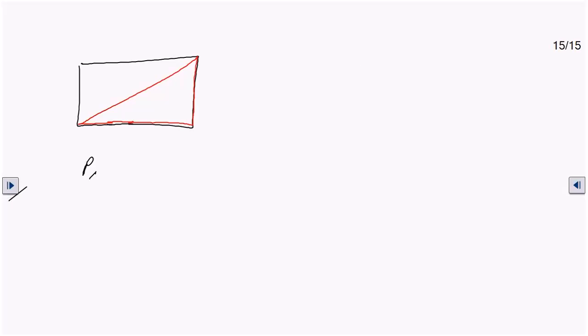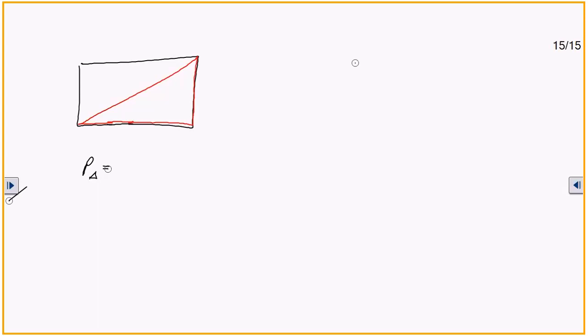The perimeter of a triangle is 3 sides added up. So add the sides, A plus B plus C. Now we're going to find out how to find C here in just a minute, if it's a right triangle.